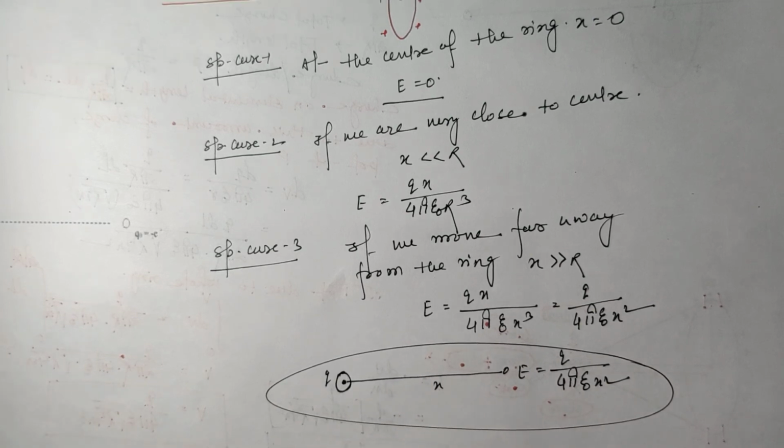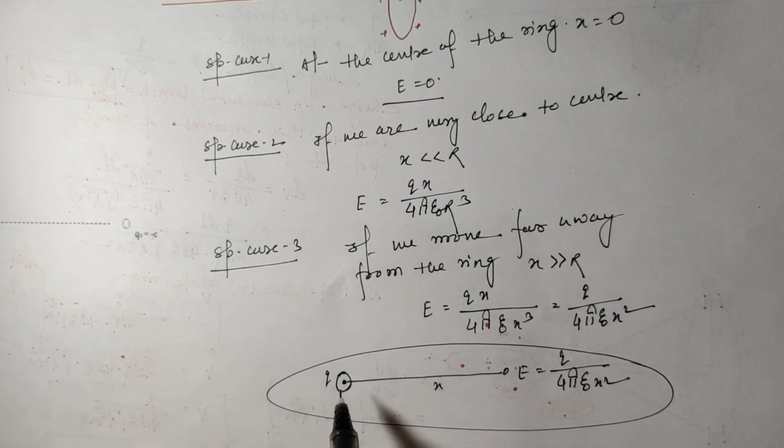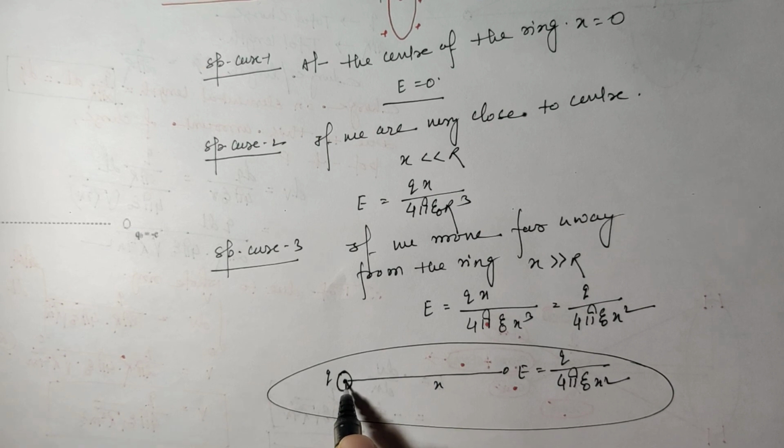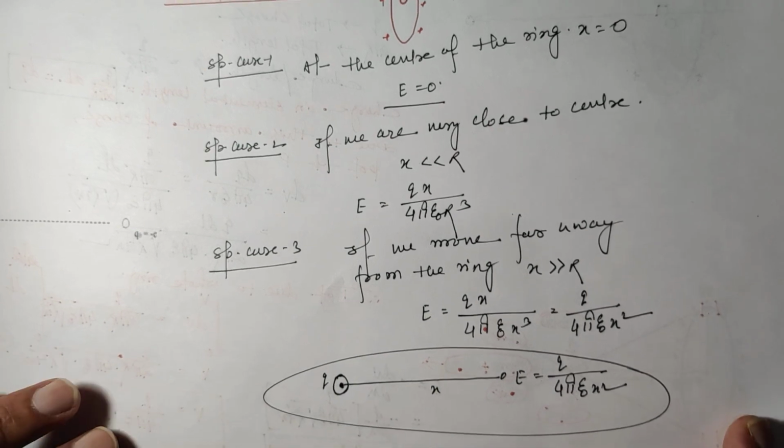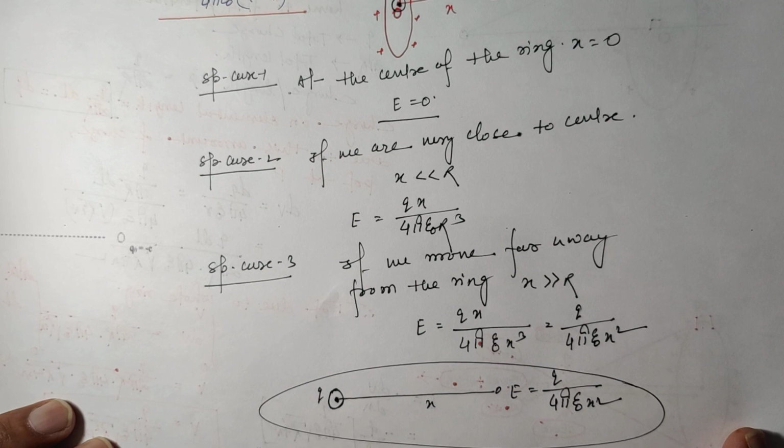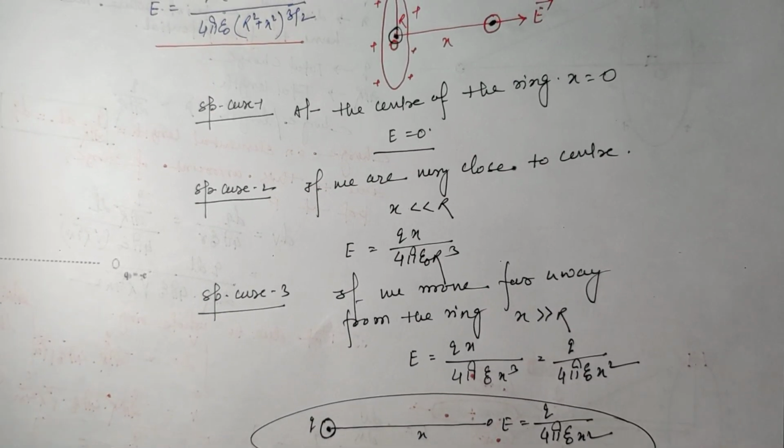So we can conclude that when we are far away, the ring behaves as a point charge. So these are the 3 special cases regarding the expression for a ring.